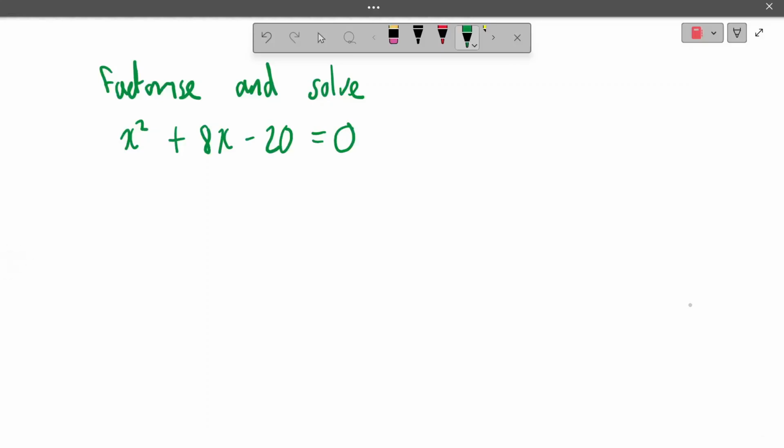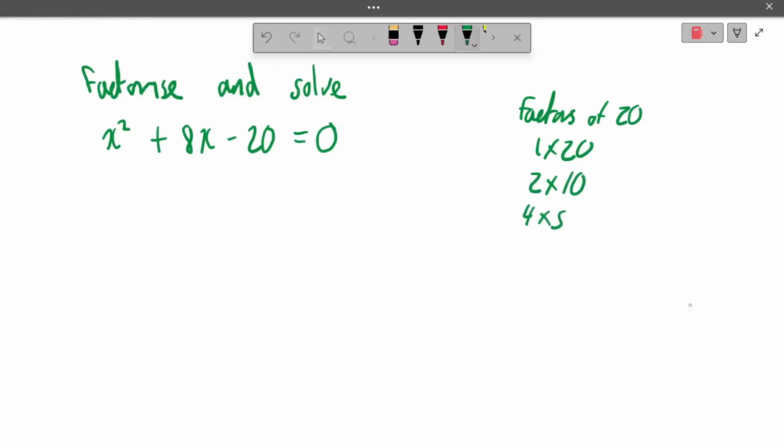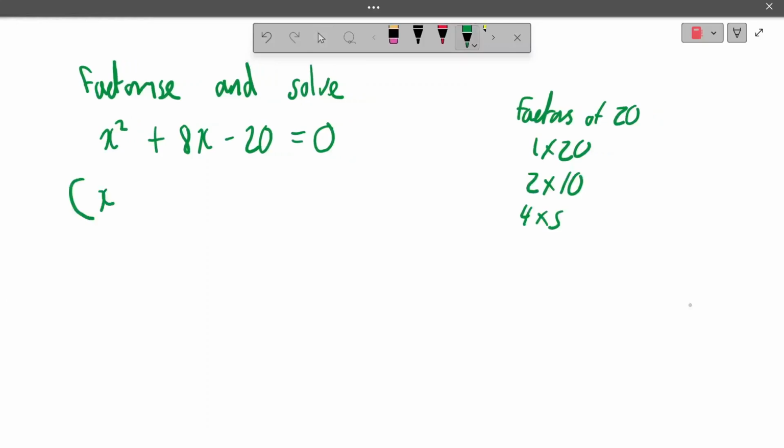So what we can do, we need the factors of 20: 1 times 20, 2 times 10, and 4 times 5. So here we have x plus, x minus, and now we need to figure out what makes 8.